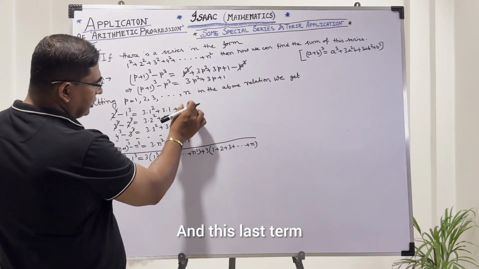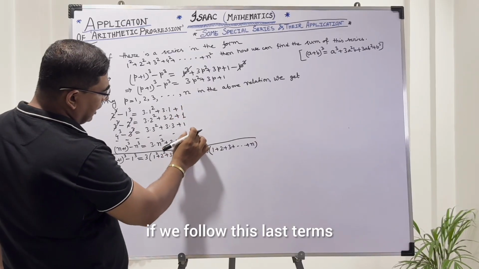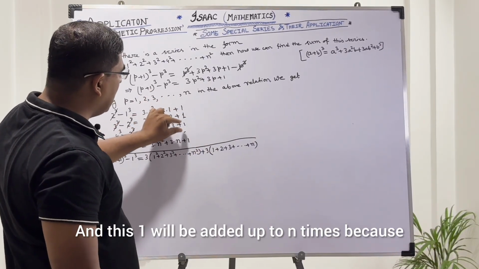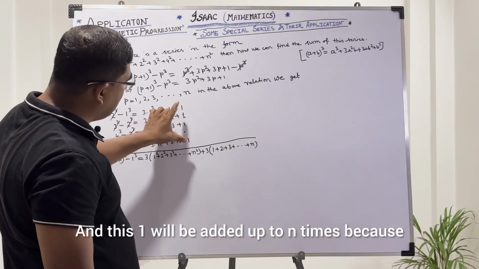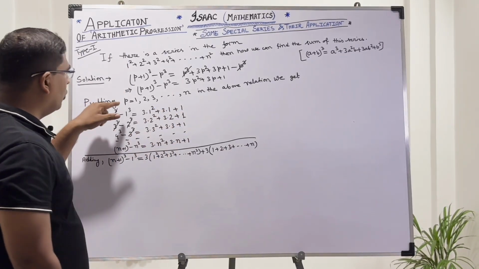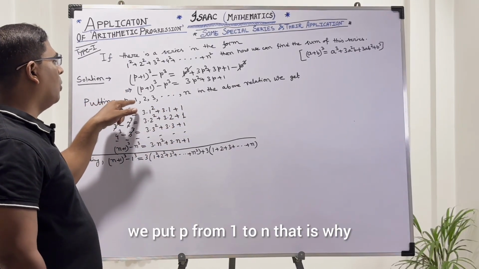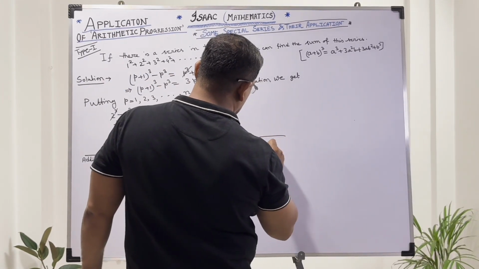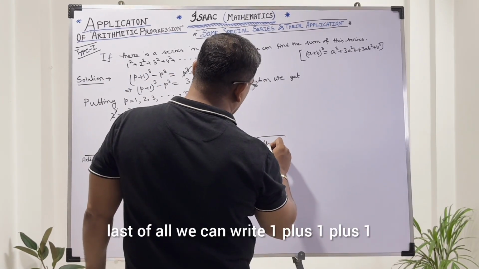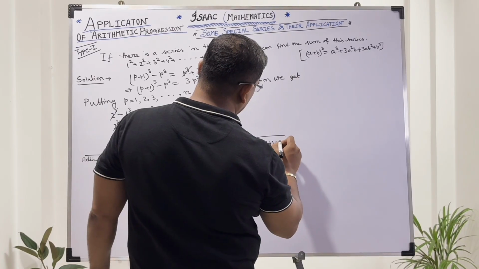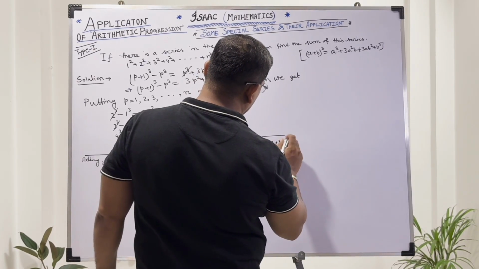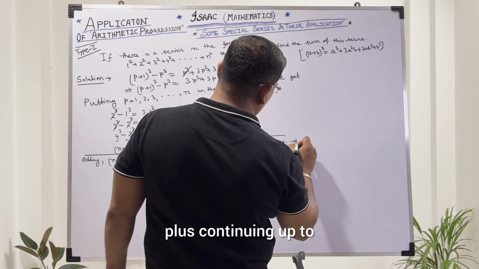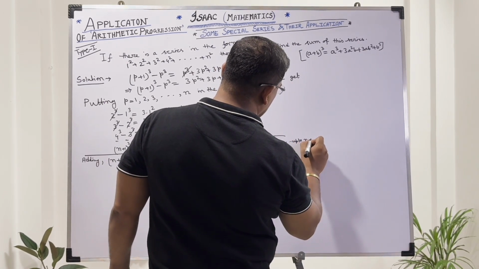And this last term, there is only 1. And this 1 will be added up n times because we put p from 1 to n. That is why last of all we can write 1 plus 1 plus 1 plus 1 plus continuing up to n.